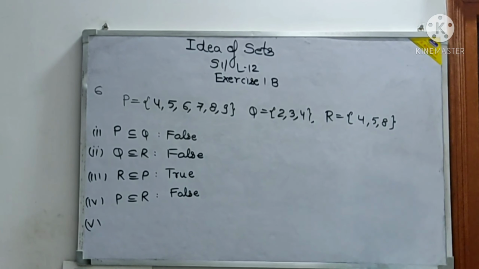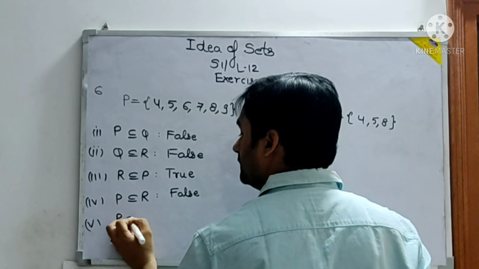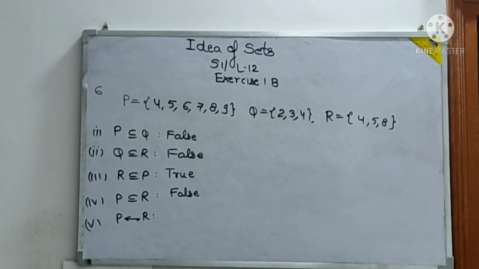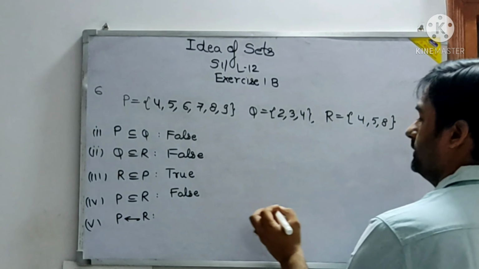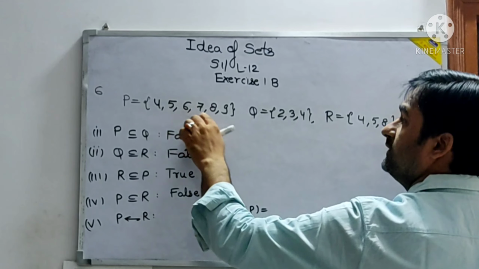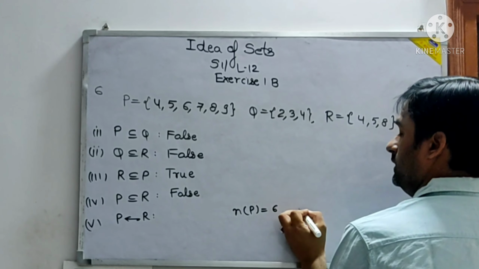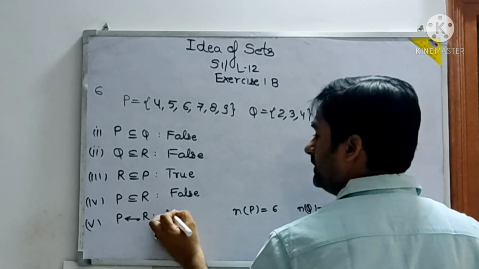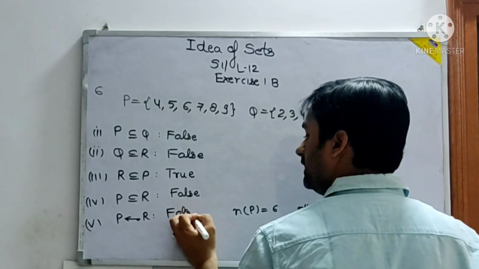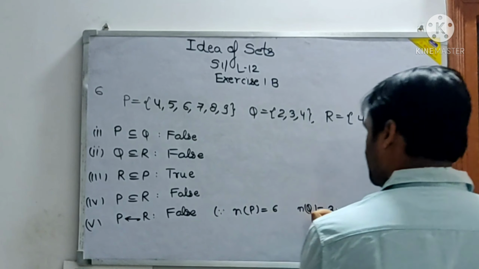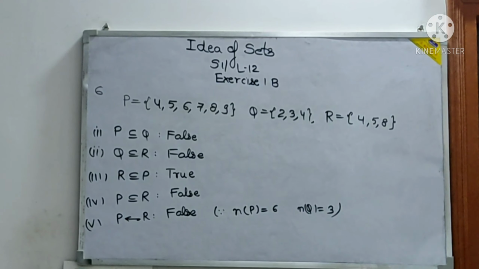Fifth part, P and Q are equivalent. This is a symbol for equivalent. Let us check what is NP. N of P is 6 and N of Q is 3. Are they equal? No. So this will also be false only. Here you can write N of P equal to 6 and N of Q equal to 3.